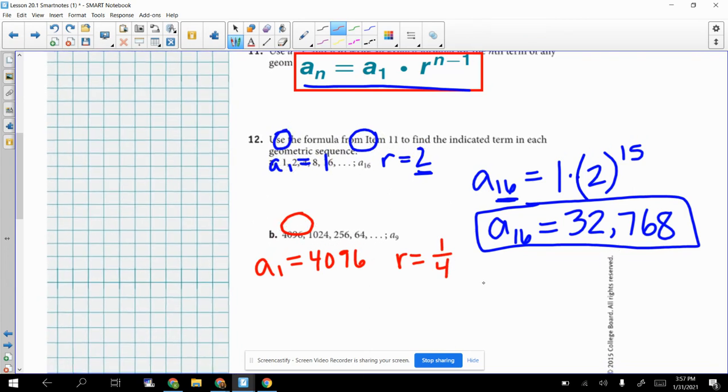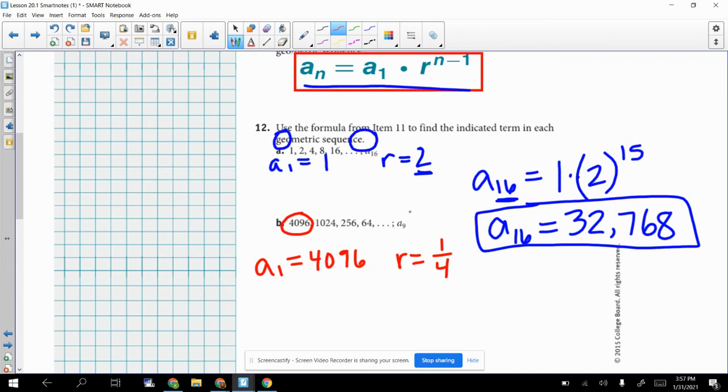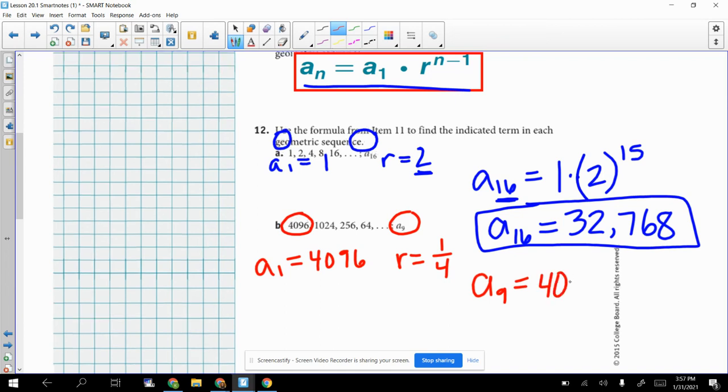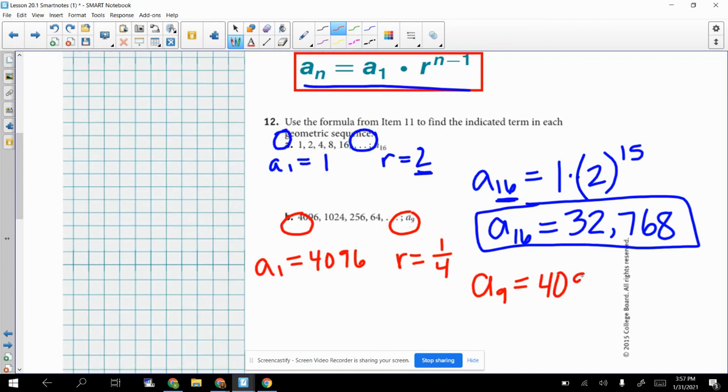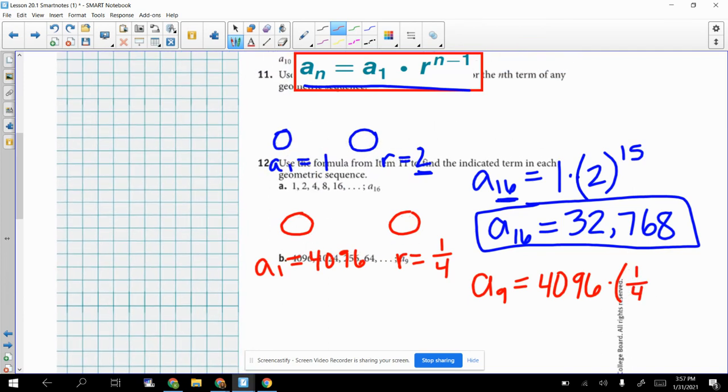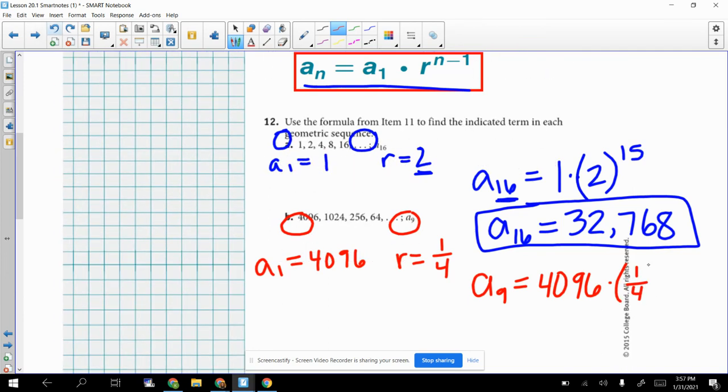So now let's plug this in. We're looking for a sub 9, the 9th term. So we are going to do 4,096, which is your first term, times your common ratio, which is 1/4, to the n minus 1, which n again is 9, so that's going to be to the 8th.